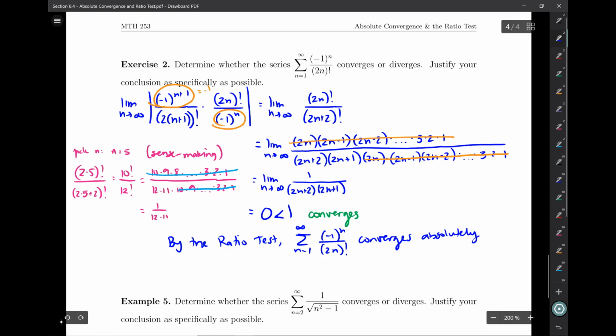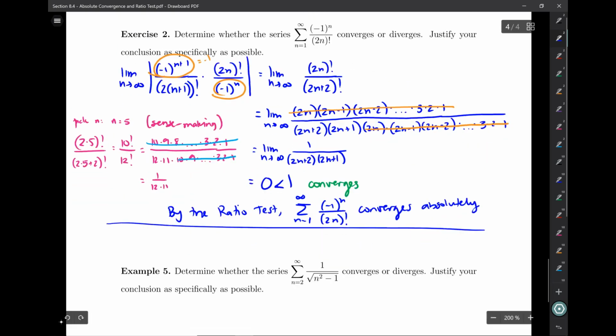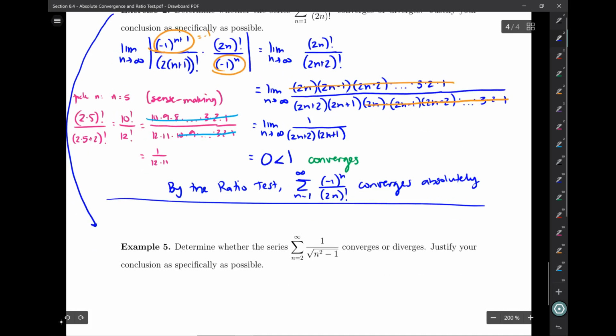Now I just realized, what's kind of interesting is that it says determine whether the series converges or diverges. Notice that this is an alternating series, and so to answer this particular question, technically we could have just done the alternating series test, where b sub n is 1 over 2n factorial. So it's clear that this is positive, and it is decreasing because only an n is in the denominator.